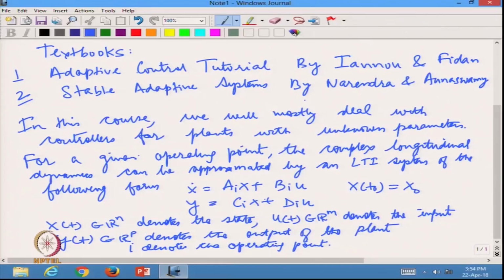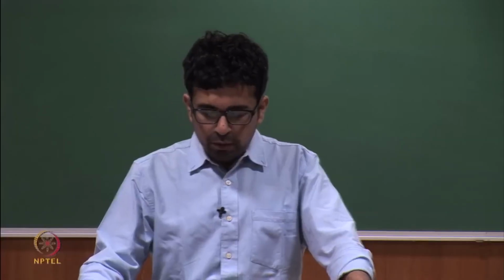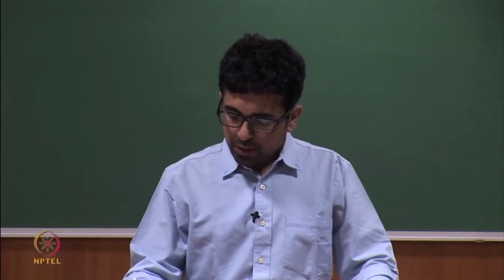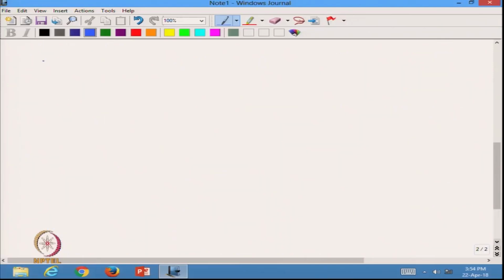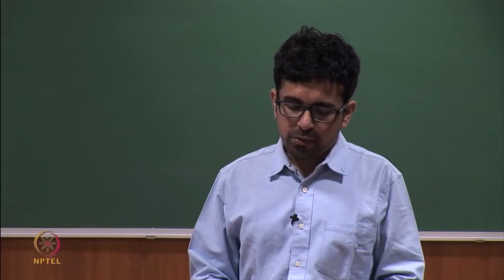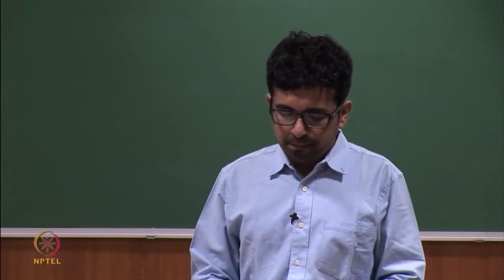So typically, how would you design a controller u to stabilize a plant like an aircraft? If you were to use a fixed gain controller, say u equals minus k x, this k can be found by some pole placement method or by using LQR.